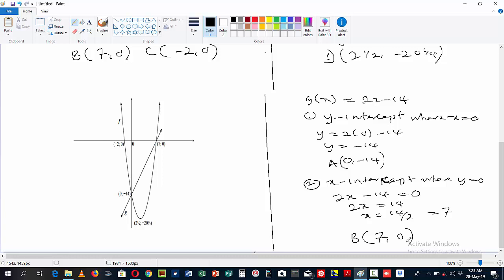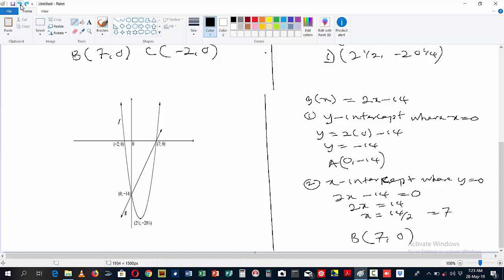So let us now go back to our graph to indicate the coordinates. Now this is my coordinate A. This is the point A. Now we indicate all our points.